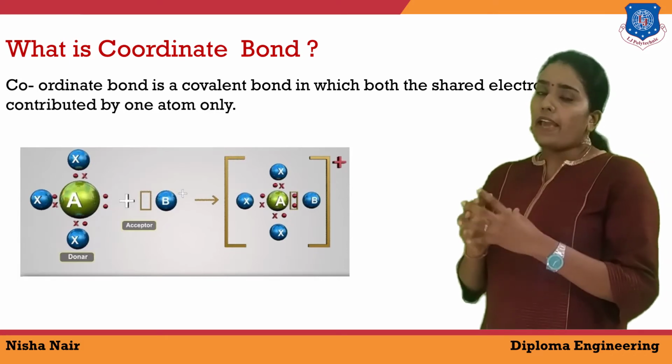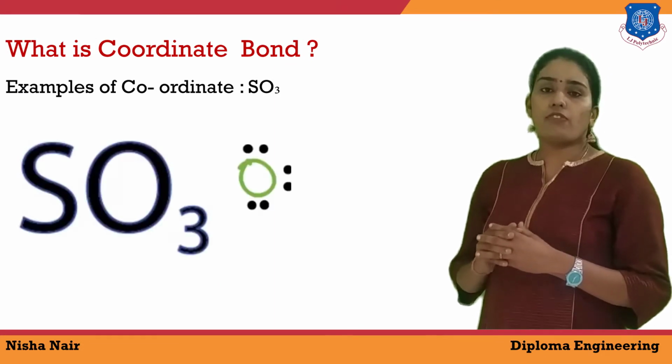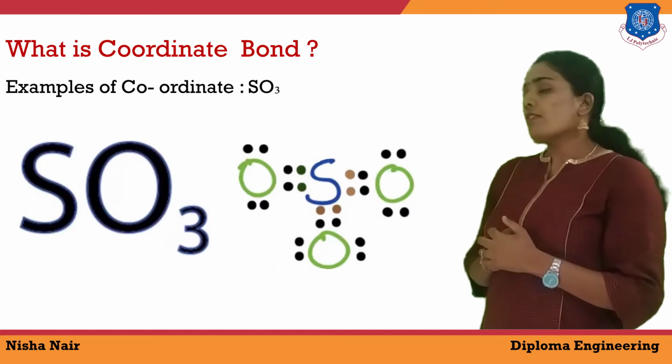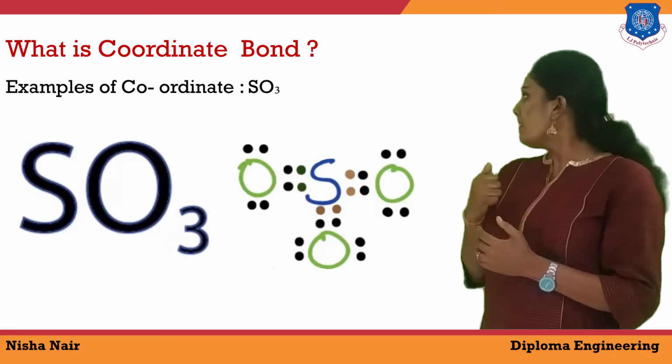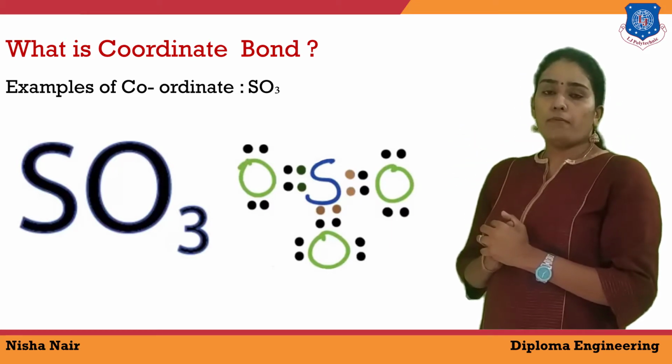An example of a coordinate bond is the SO3 molecule, sulfur trioxide, where you can see 3 oxygen atoms and 1 sulfur atom. In this molecule, one oxygen will have a covalent bond.